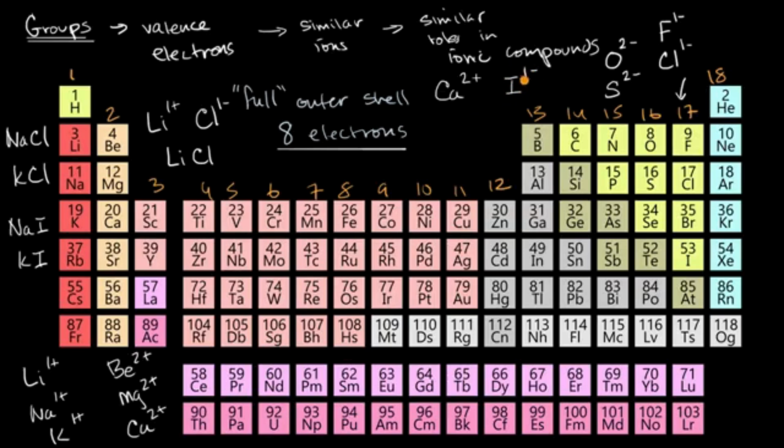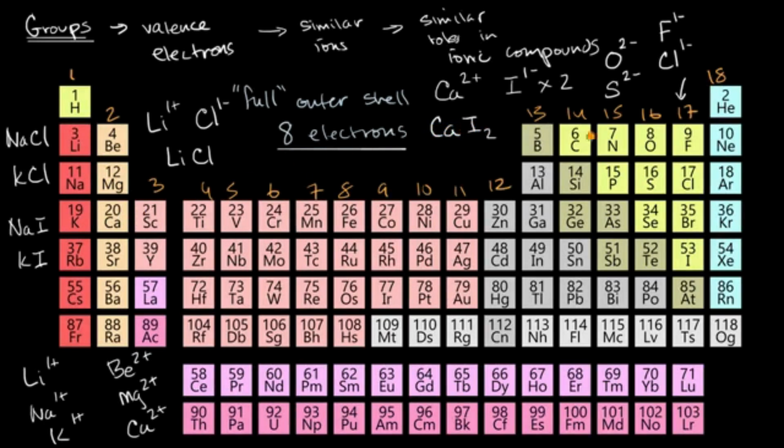So each of them have a negative 1 charge, so times 2. And then what type of ionic compound could they form? Well, you could have 1 calcium and then 2 iodines. So calcium iodide is actually an ionic compound you would see. It has a neutral charge overall because calcium has a positive 2 charge, and each of the iodines have a negative 1 charge, but then you have 2 of them. So it is neutral overall.